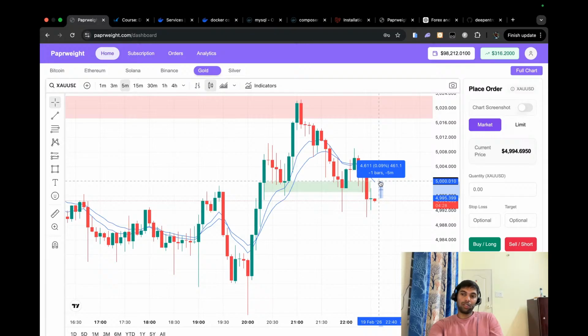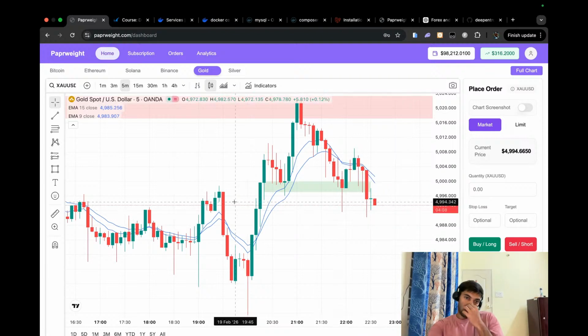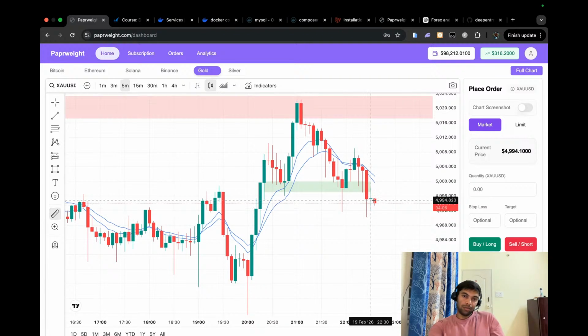So this is 4.611. If we punch our trade with 15, so $75 loss is there, and our target would be at this zone.